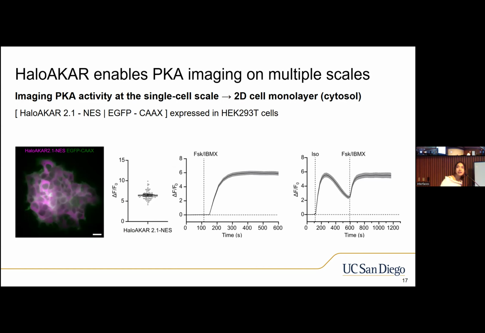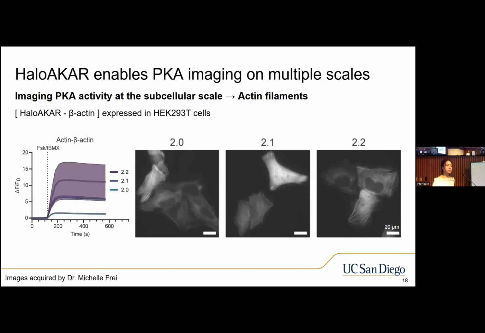Here, we demonstrated that Halo ACAR 2.1 can show us real-time changes to PKA activity, as we saw both transient changes in response to isoproterenol treatment and sustained responses to forskolin and IBMX treatment in individual HEK293T cells.